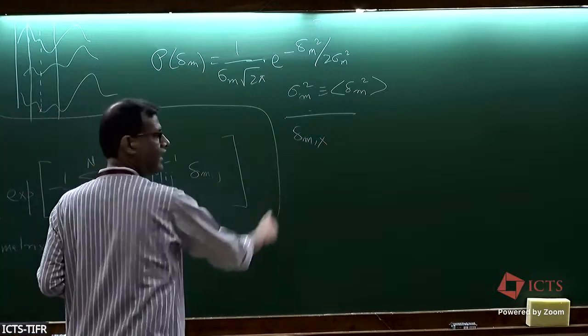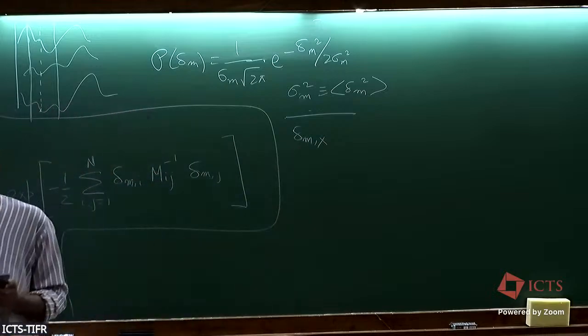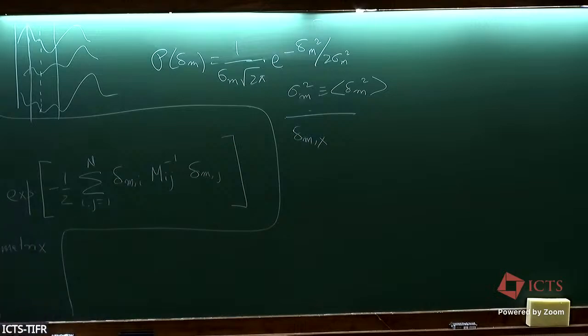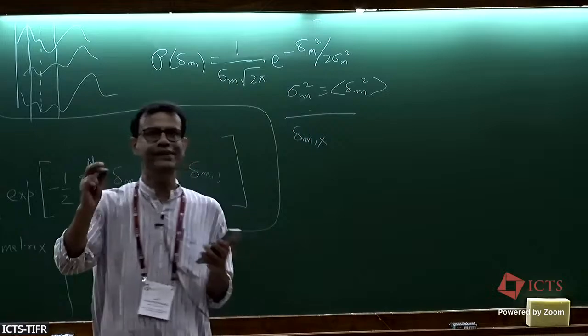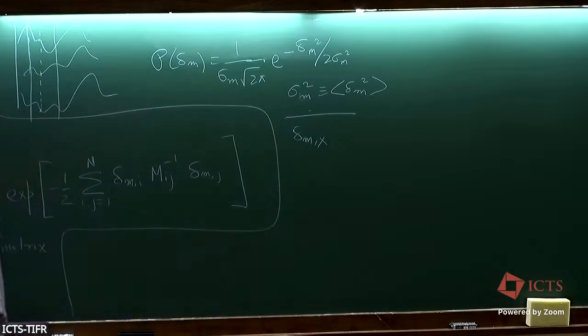Now this delta m_x, if you remember, is some integral of deltas multiplied by some window function. So it is actually a sum of many deltas, all the deltas which contribute significantly within that window function.